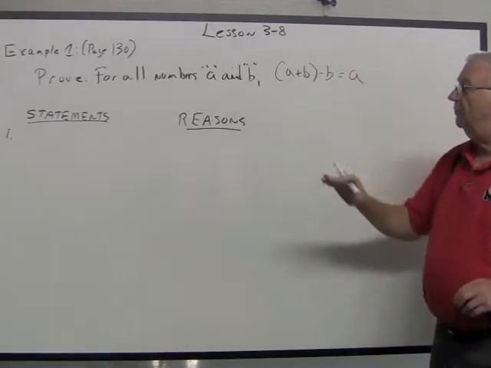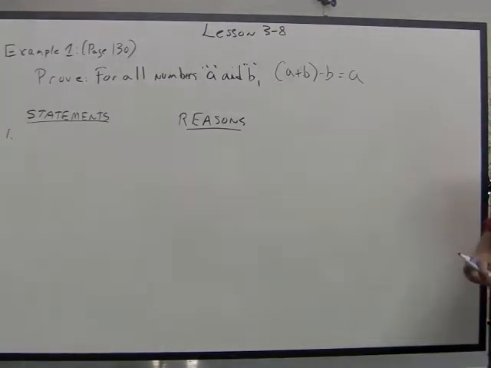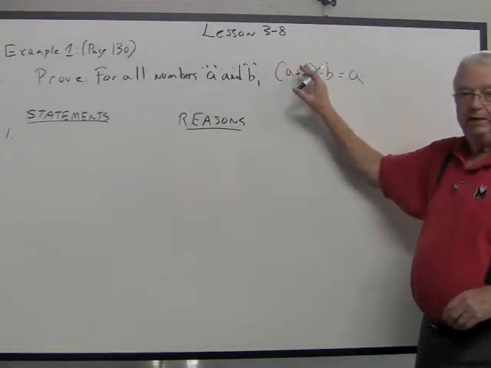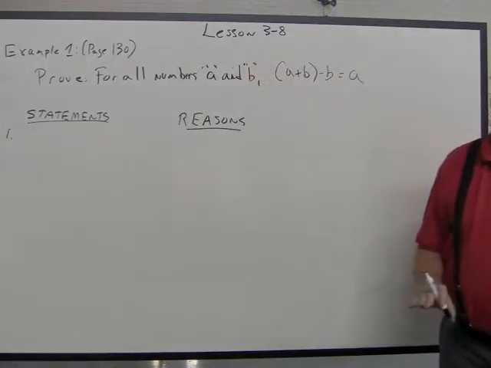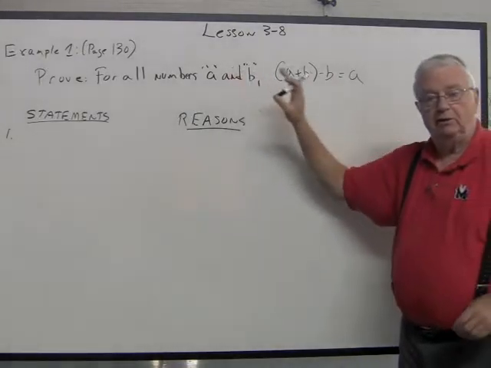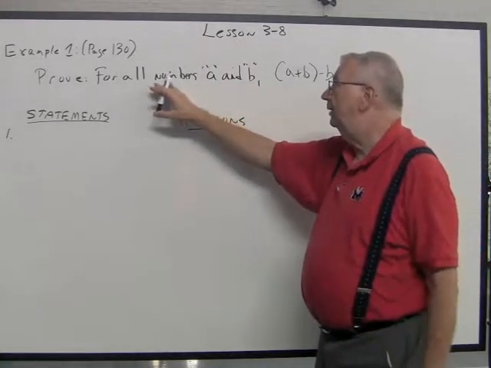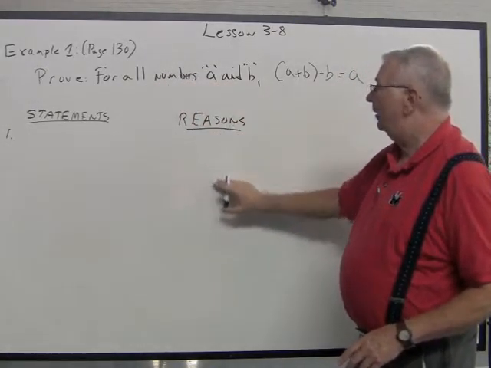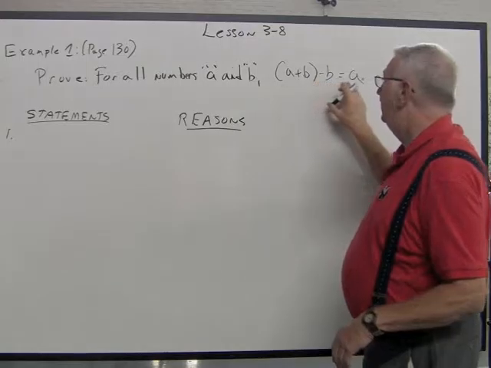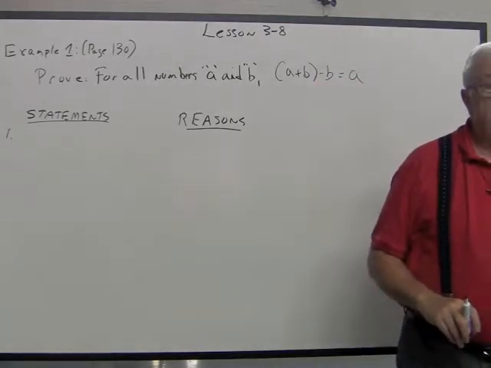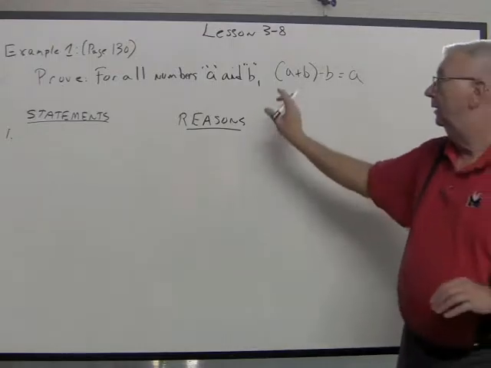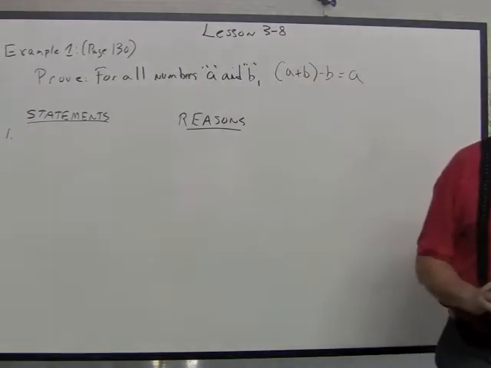That's the format they have for the statement that we're going to try to prove. Once we prove it, we'll have a theorem that we can make use of. We could then say, as one of our reasons, that for all numbers a and b, a plus b minus b equals a is a reason for something that we do that looks like that.